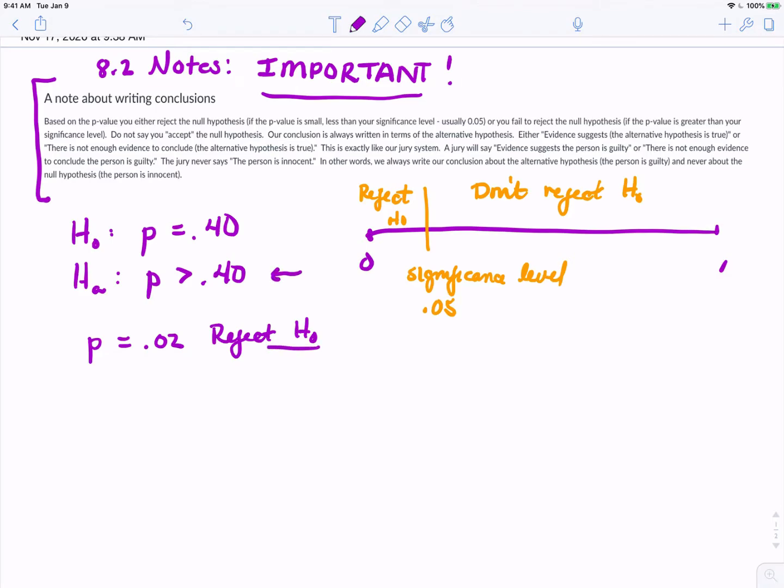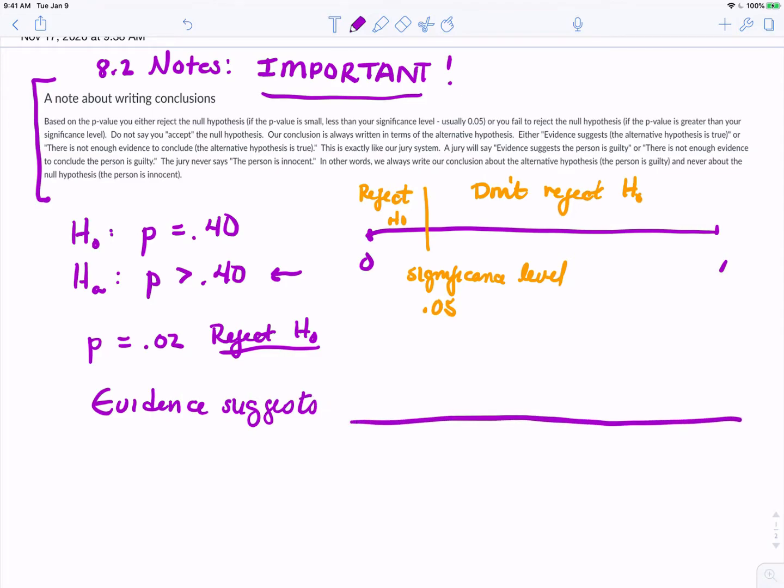So when you reject the null hypothesis, what you write is "evidence suggests," and then you complete that sentence with your alternative hypothesis in plain English, meaning in words that someone who's not taking statistics would understand. You answer the question. So evidence suggests more than 40% have seen the ad.